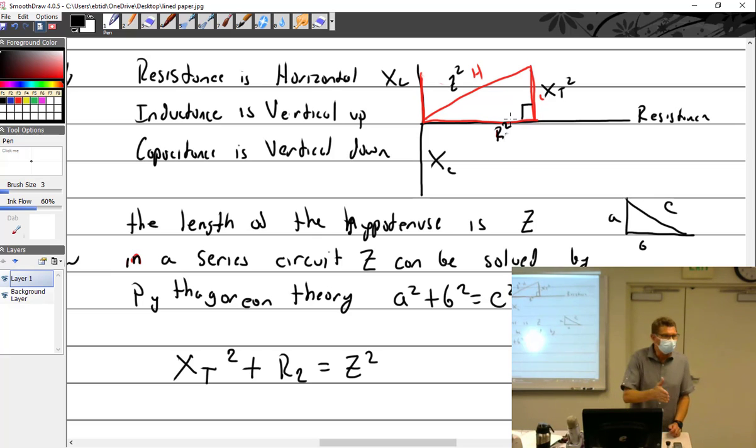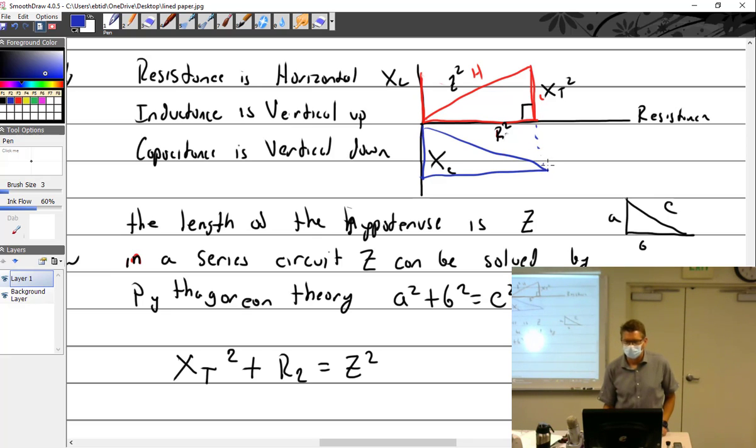You can find your X of C because it's 1 over 2 pi FC. You can subtract those two numbers and get either a positive going up or a negative going down. So if it was more capacitive, you would just end up with a triangle that looked like this.